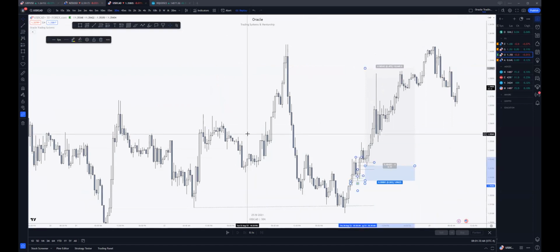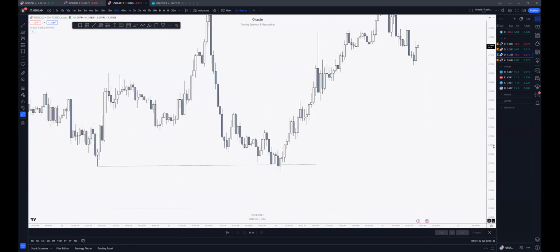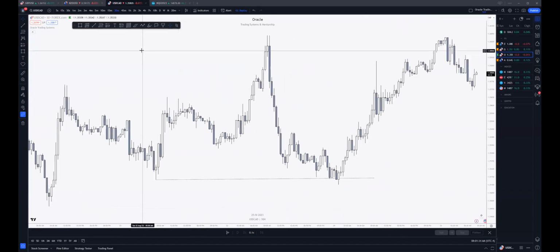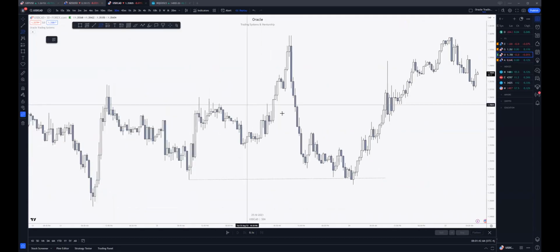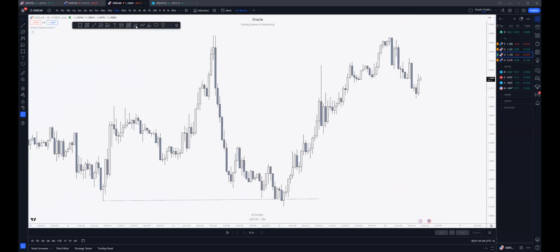Now, when it comes to selecting what FEG to take, there's the rules, obviously take the first one that's stacked, but if it's not clear and there's multiple FEGs, like sometimes there's 5 and 6, what you can do is measure the leg, like the pullback leg before the impulse, right?